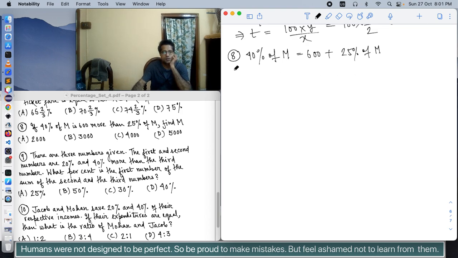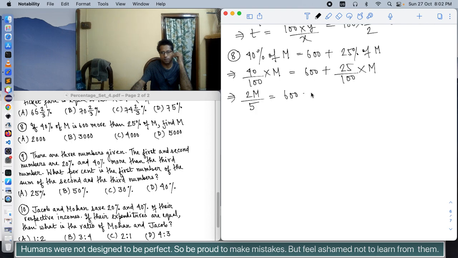So now we can say that 40% of m, which is 40 by 100 multiplied by m, is equal to 600 plus 25% of m, which is m by 4, because 25% means 25 by 100, and 25 by 100 is 1 by 4. So 40 by 100, if you simplify that, becomes 2m by 5 is equal to 600 plus m by 4.